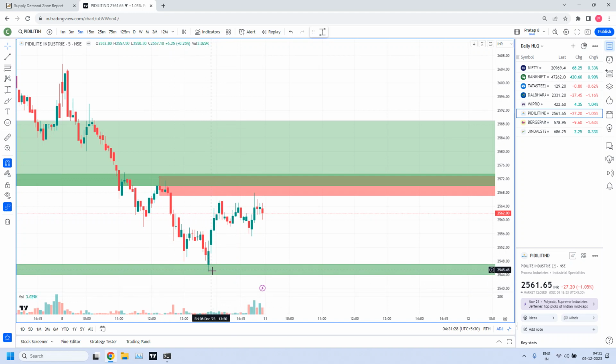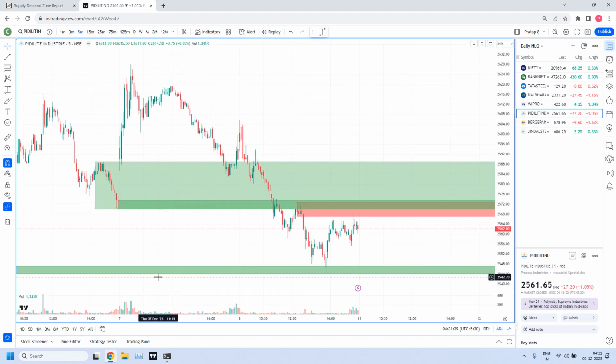The risk of this zone is less than the previous zone that was stopped out, almost similar or even a little less. Probably you may lose another 450 Indian rupees or maximum 500 Indian rupees, not more than that.